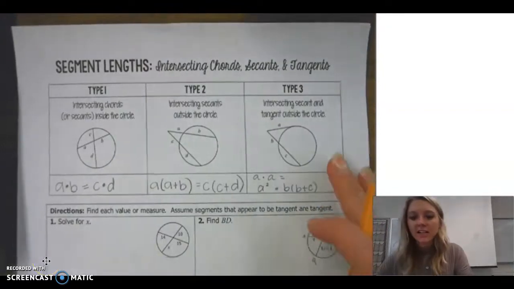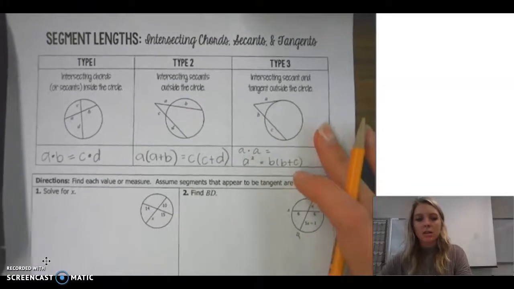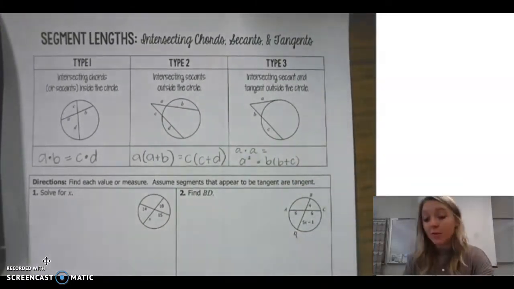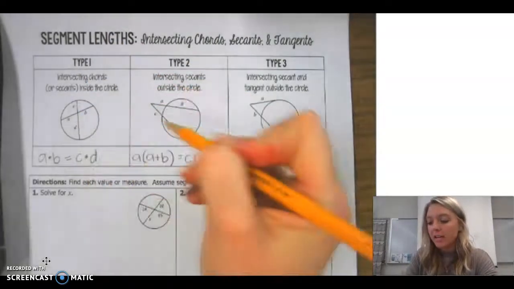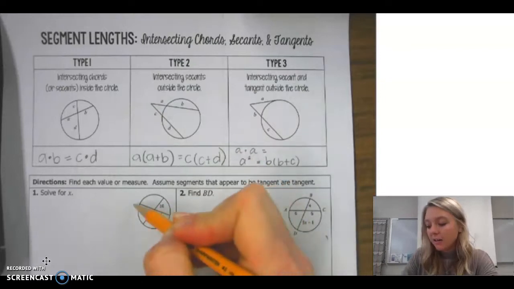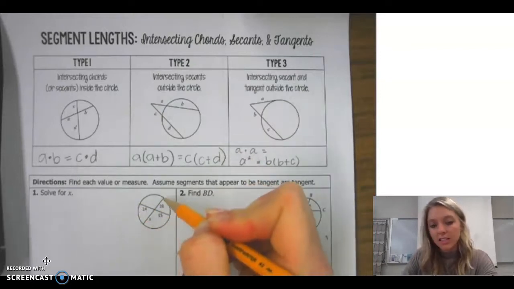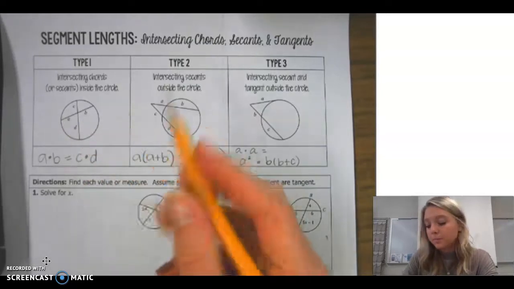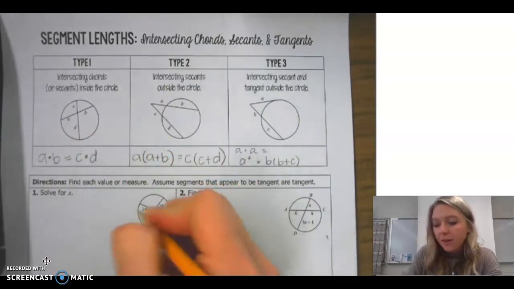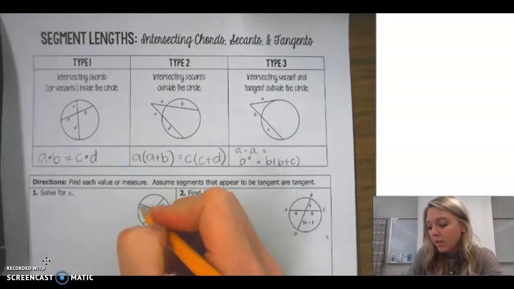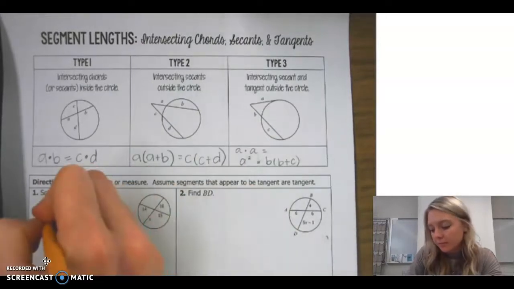Alright, so let's take a look at some examples. We're going to do number 1 together. We first have to ask ourselves, are we looking at type 1, type 2, or type 3? Here in our diagram we have two chords intersecting, so I'm going to use my formula for type 1. If I focus just on one chord at a time, the two parts, 14 times 15.